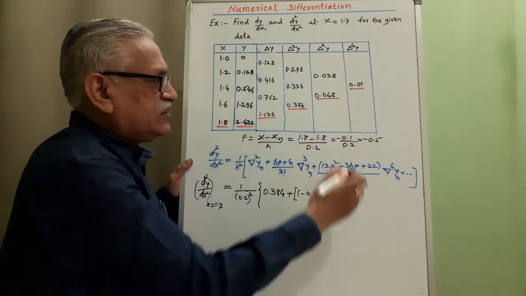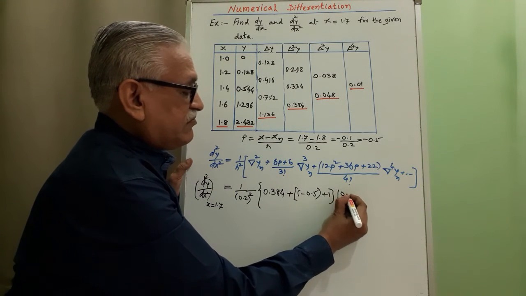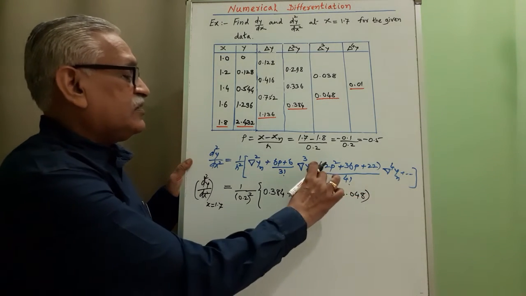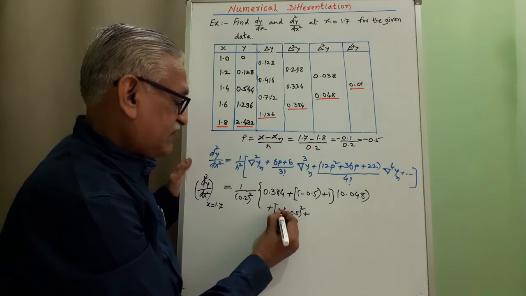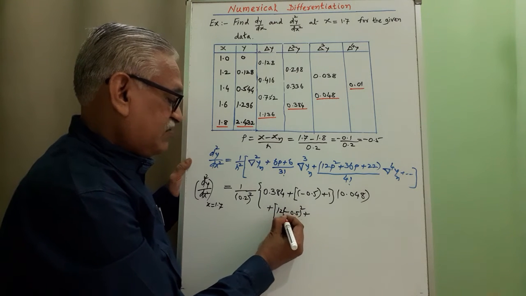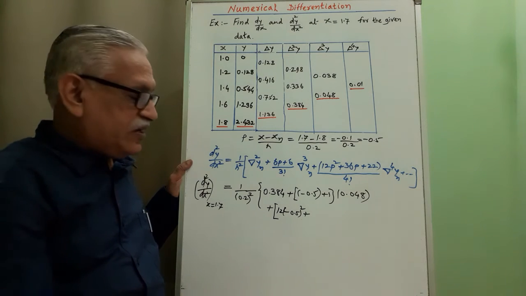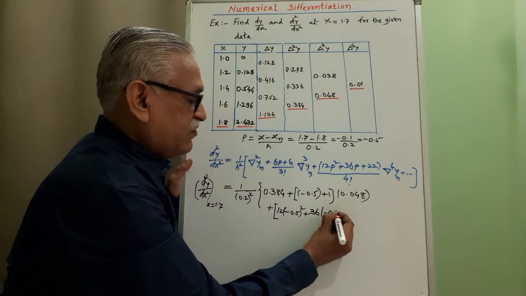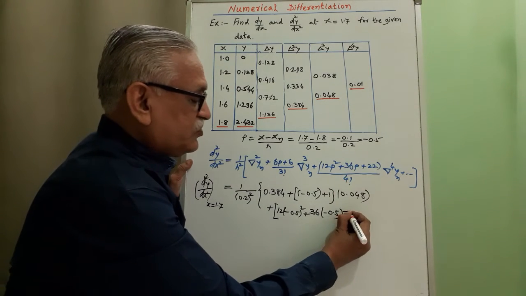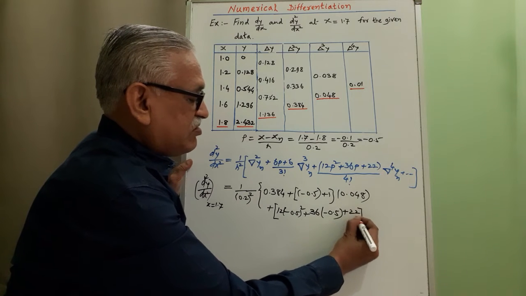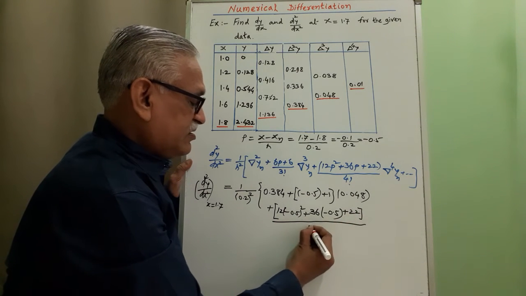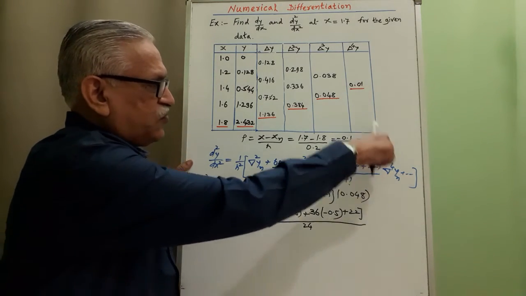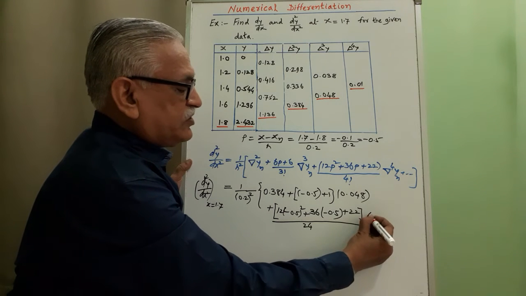The value of del cube is 0.048. Next, 12 into p square, 12 into minus 0.5 square, plus 36p, 36 into minus 0.5, plus 22, whole divided by 4 factorial, which is 24, into del raised to 4. The value of del raised to 4 is 0.01.